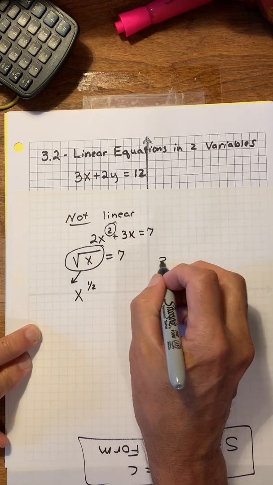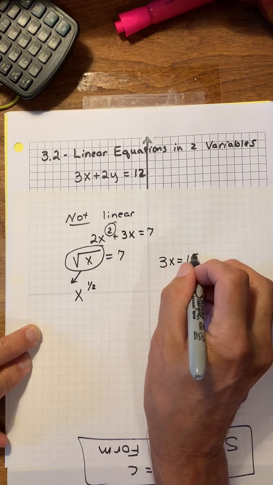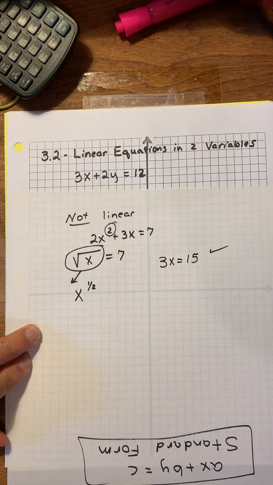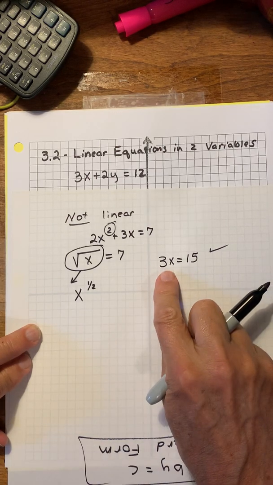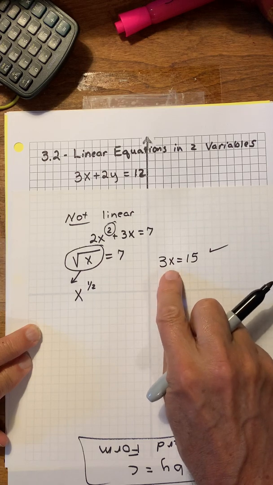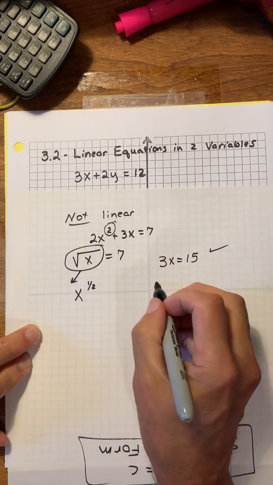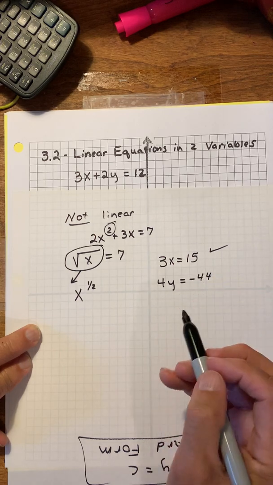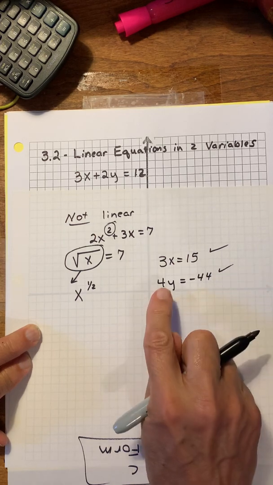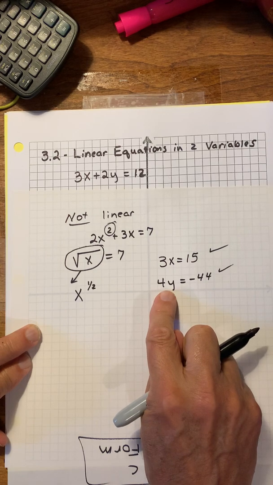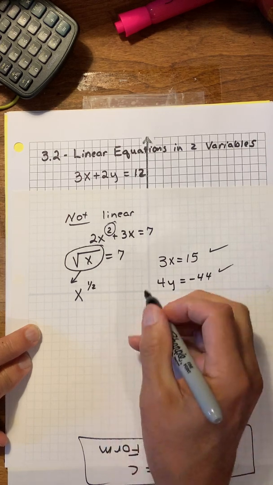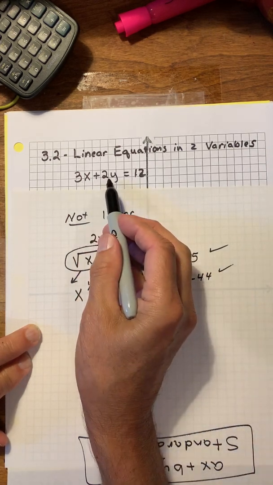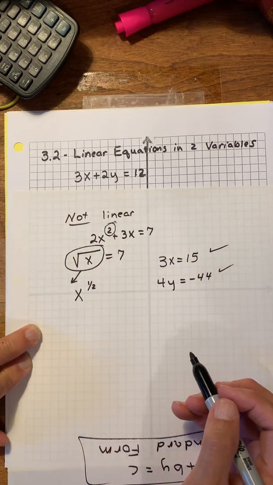Oh, by the way, this is a linear equation. It has x's and or y's, so either x's or y's, and a number. That's a linear equation. It has x's or y's and the numbers. And of course, having x's and y's and numbers makes it linear.